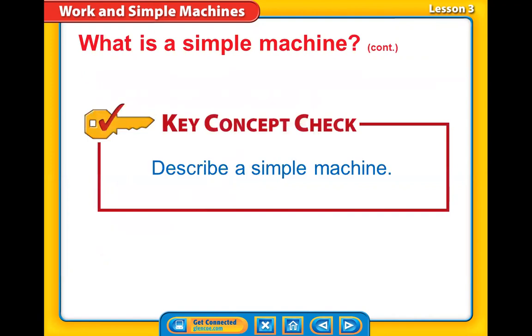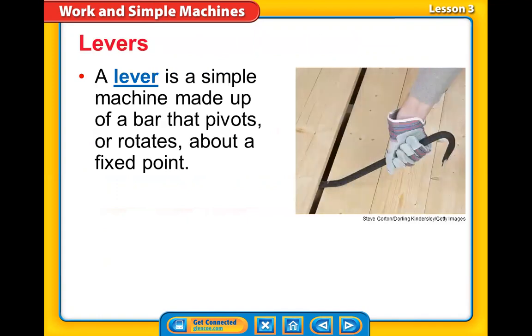We are going to describe a simple machine, one of them today, which is called the lever. What is the lever? Lever, as we can see here, like the crowbar, it's a simple machine made up of a strong bar. It has to be strong to not easily break, that pivots or rotates about a fixed point.